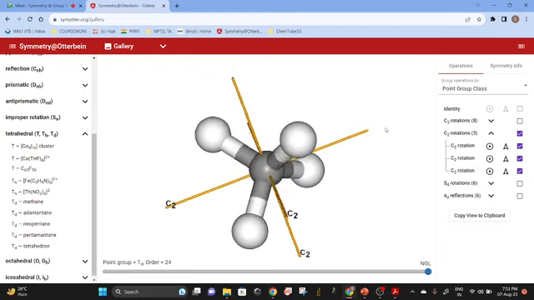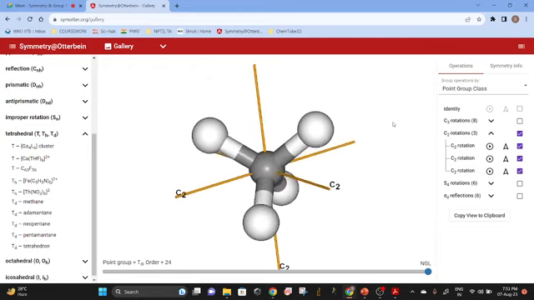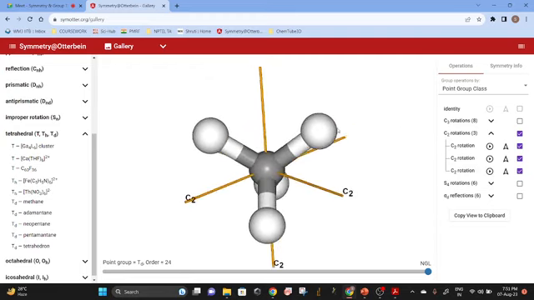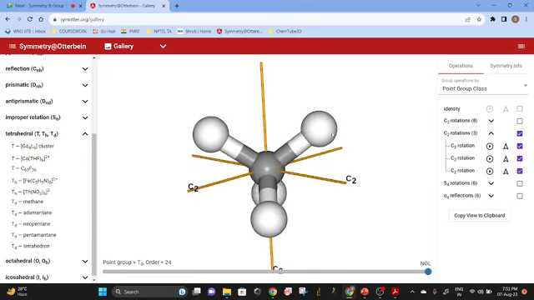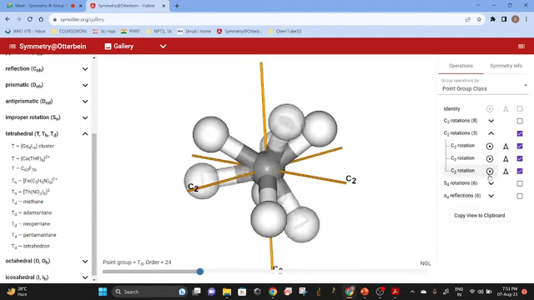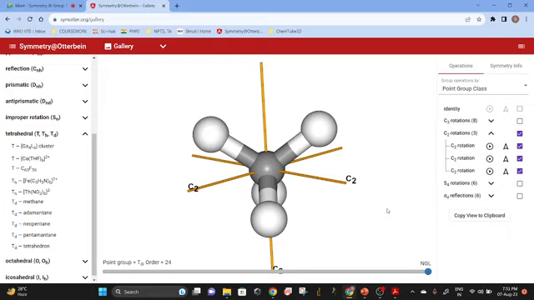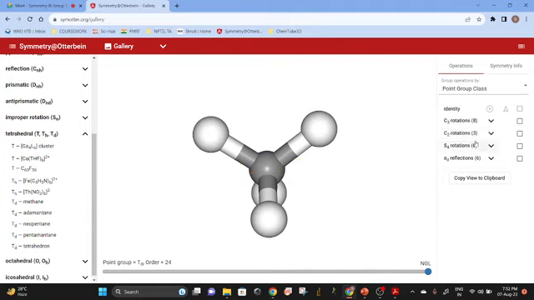So it's along the axis, like the XYZ axes. Suppose this is X, this is Y, this is Z. So we have 3.